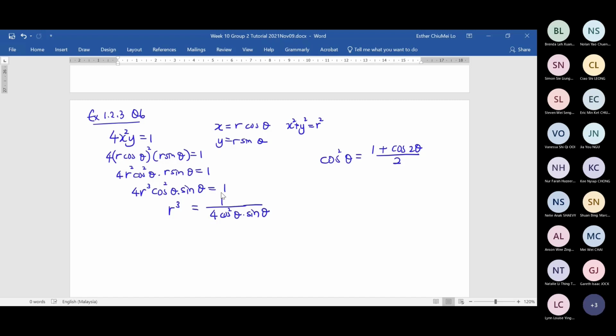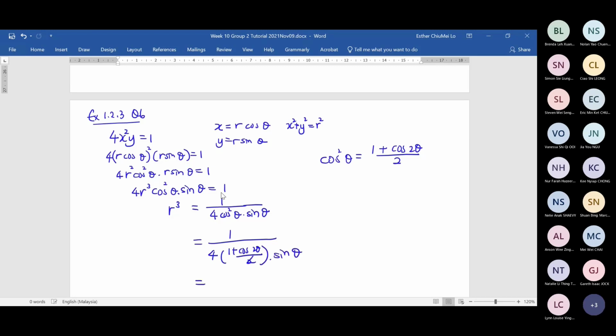I think there are many ways you can change it. But if you only look at the one, we can change it here. Your cos squared theta, 1 plus cos 2 theta over 2, multiply sin theta.